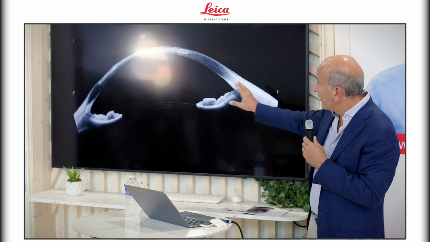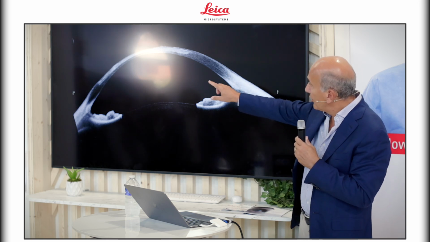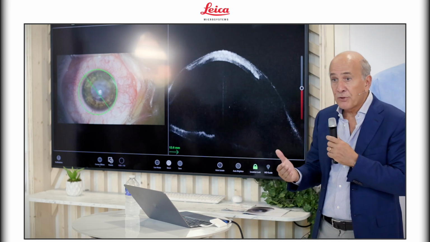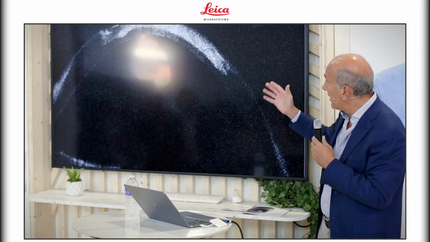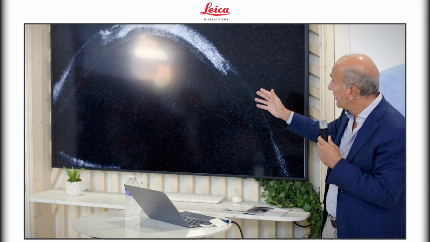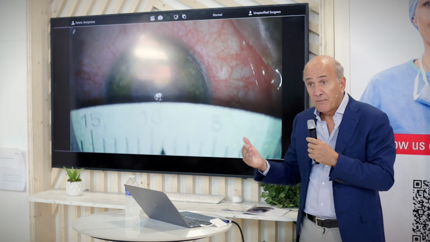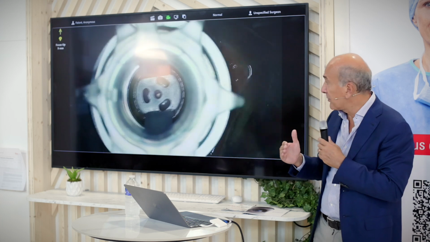So this is a preoperative OCT showing that over there, maybe it was full thickness. And this is intraoperative OCT, and high quality, showing that maybe there is space between the scar and the deep stroma.